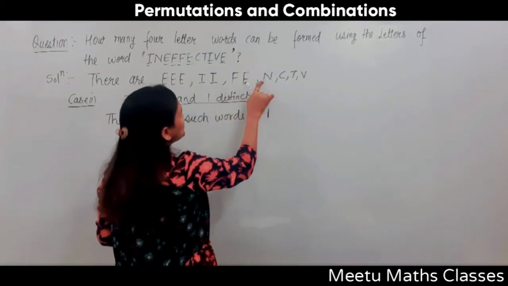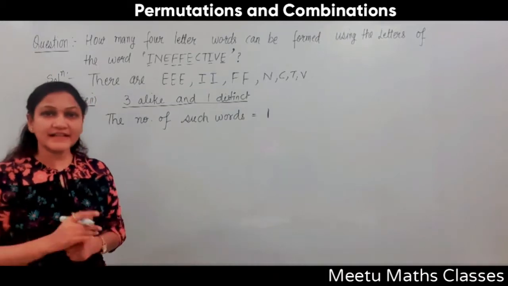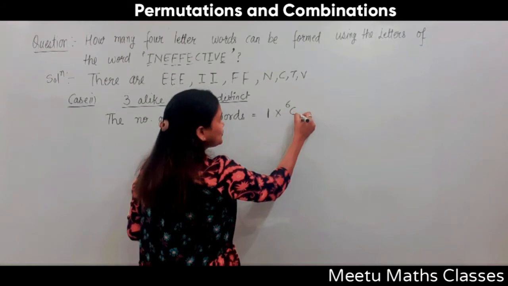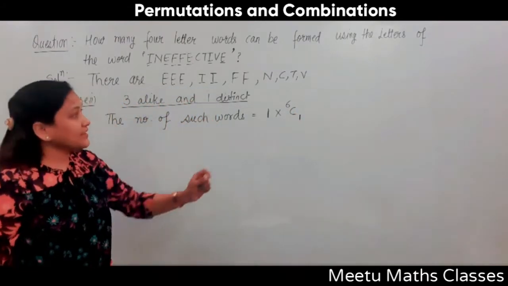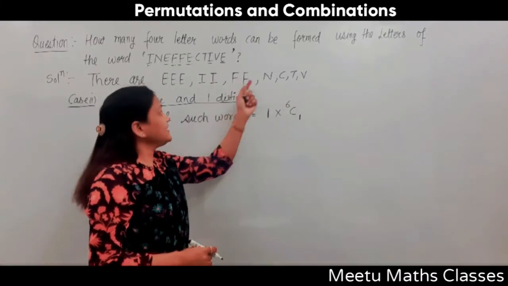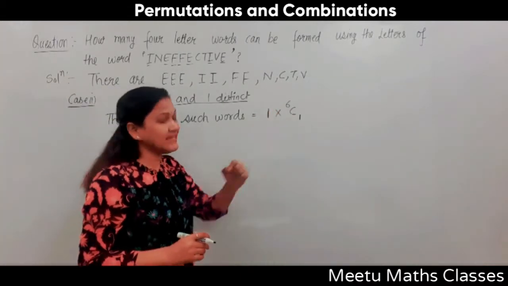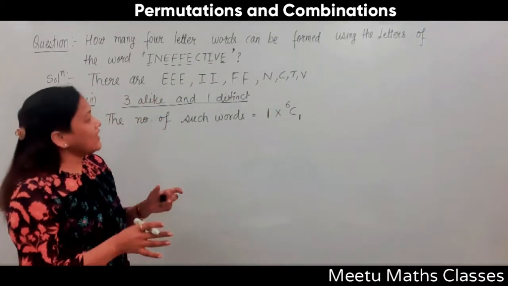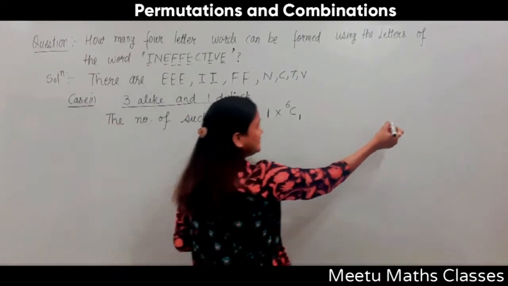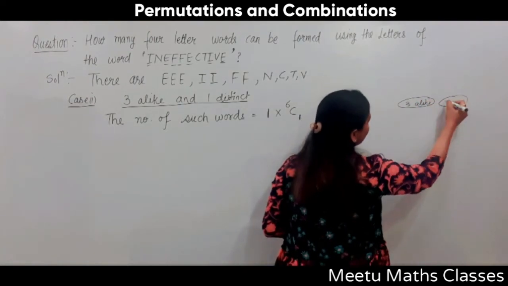So there are 1, 2, 3, 4, 5, 6 remaining distinct letters, and out of these 6 distinct letters we are going to choose one, and that can be done in 6C1 ways. Now we have selected all the 4 letters, 3 alike letters and 1 distinct letter.